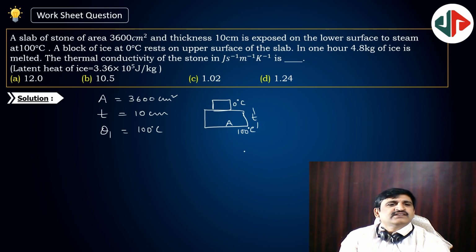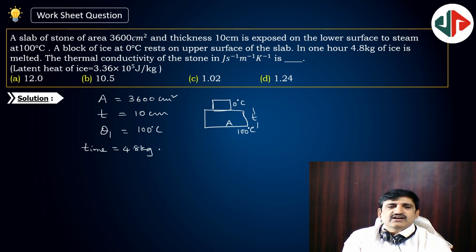Then the thermal conductivity is to be found from the rate of heat transfer. At 0 degrees, in 1 hour 4.8 kg of ice is melted. So time t equals 1 hour, and the ice melted is delta M equal to 4.8 kg.